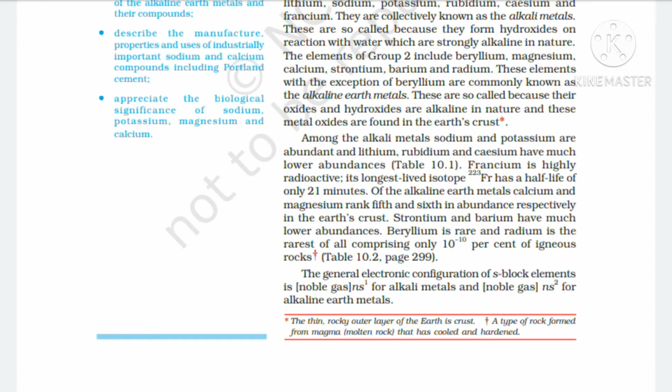Strontium and barium have much lower abundance. Beryllium is rare and radium is the rarest of all, comprising only 10 to the power of negative 10 percent of igneous rocks. See Table 10.2, page number 299.